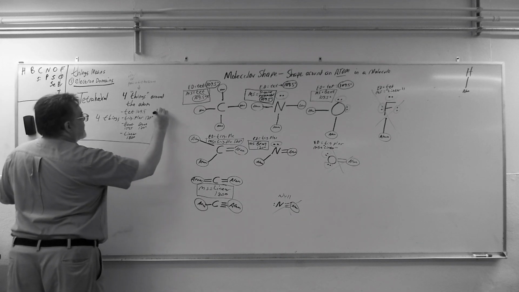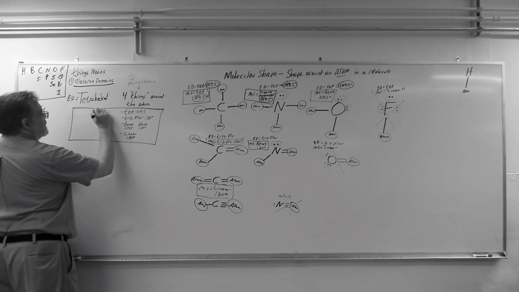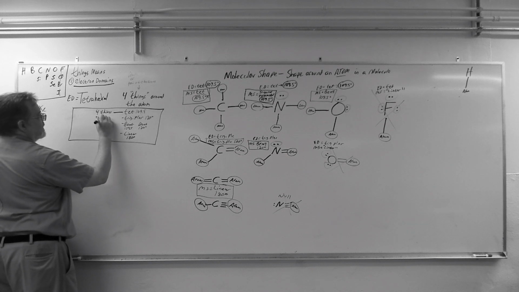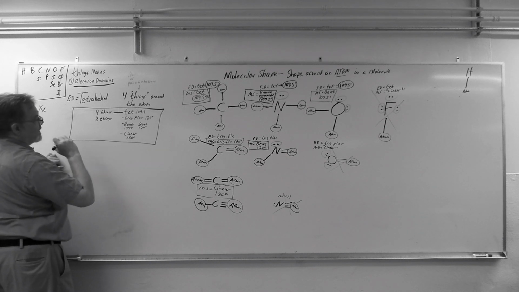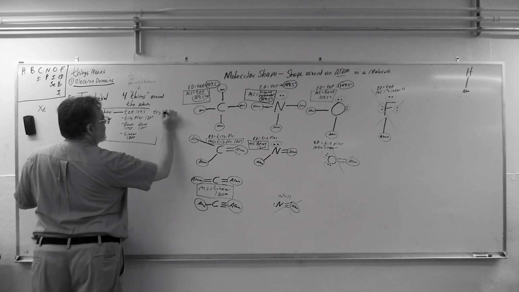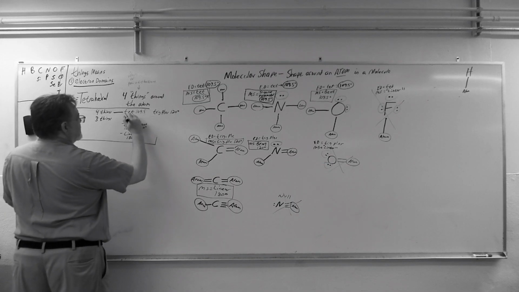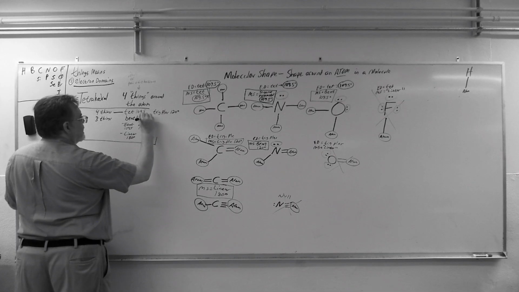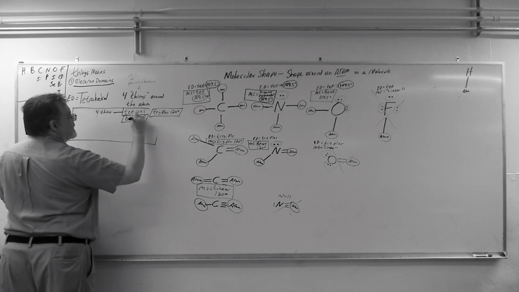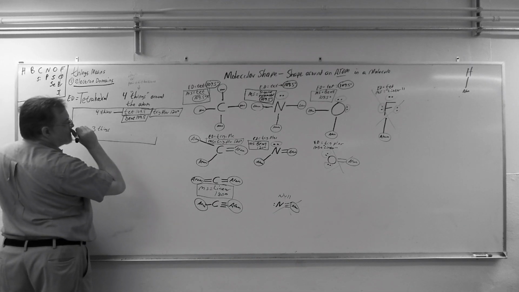If there are 4 things around it, there are three shapes to deal with. 3 things, you've got trigonal planar.